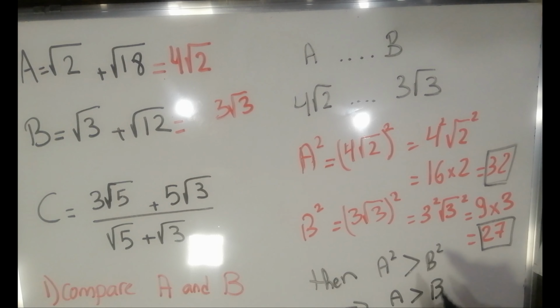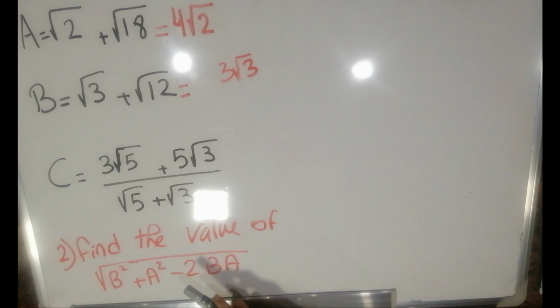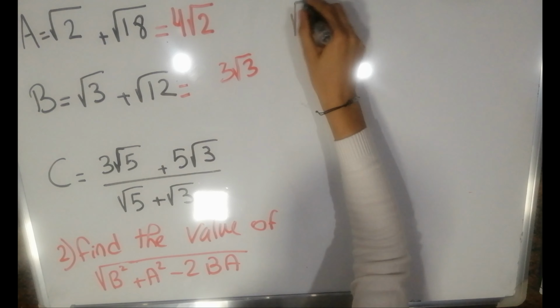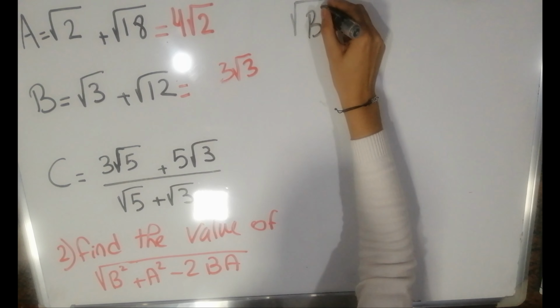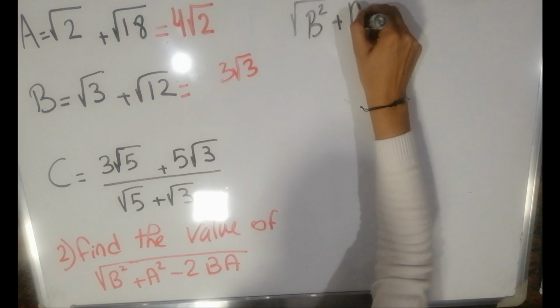Moving on to part 2, find the value of B squared plus A squared minus 2BA.